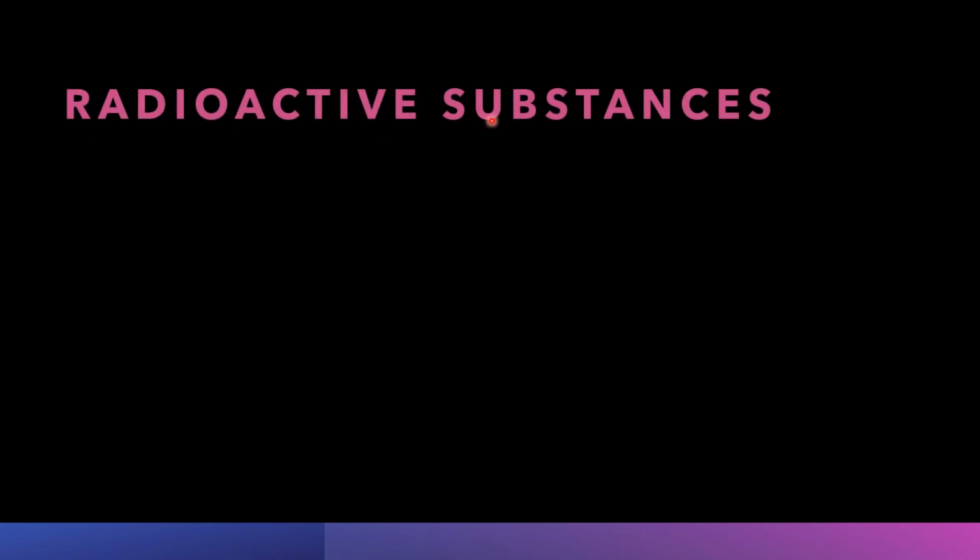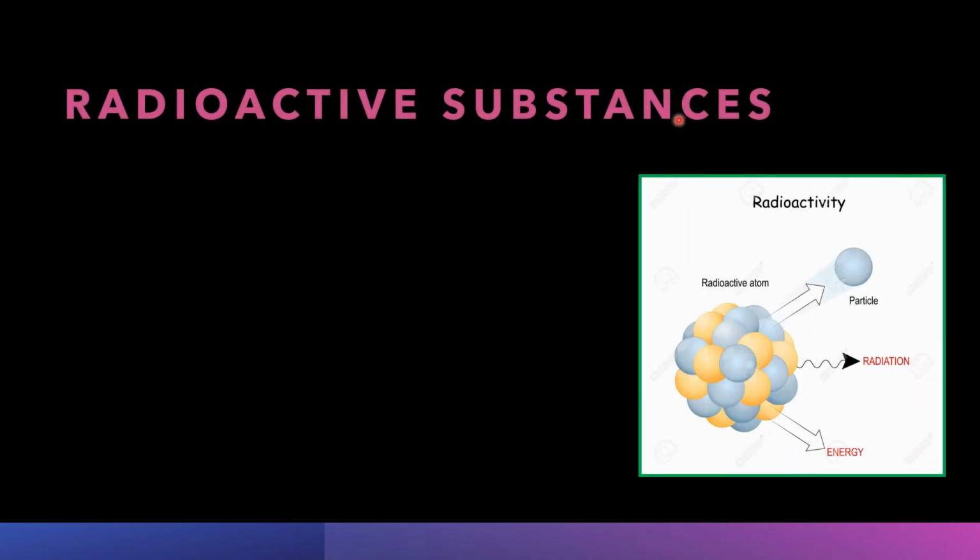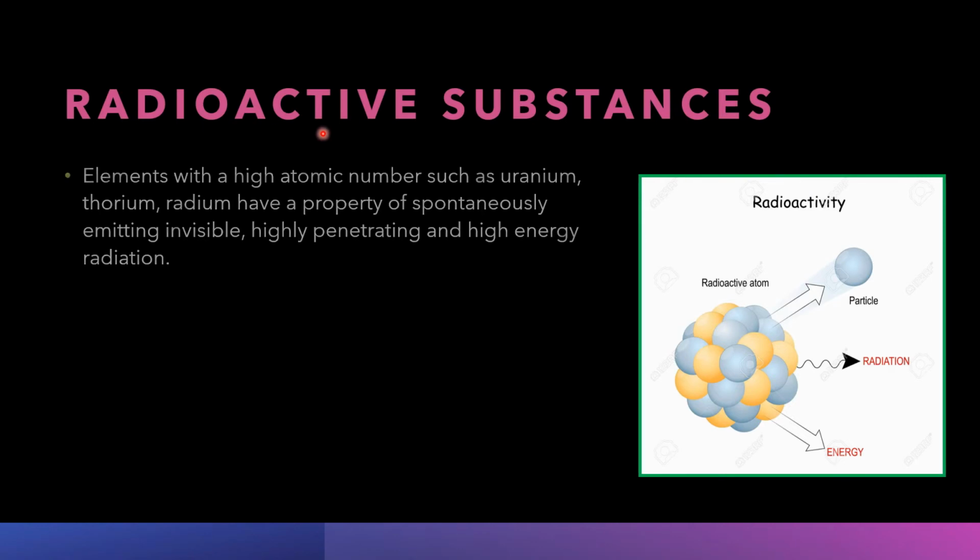Now children, let us learn about radioactive substances. What are these radioactive substances? If you see the elements with high atomic number, for example, uranium, thorium, radium, they have a natural property of emitting invisible and highly penetrating high energy radiation.